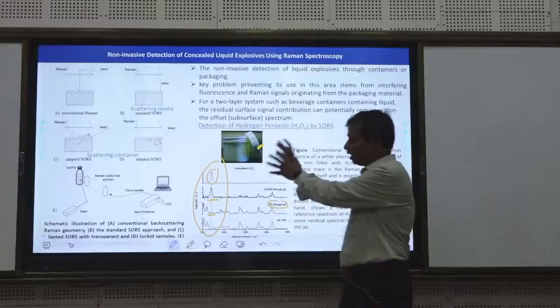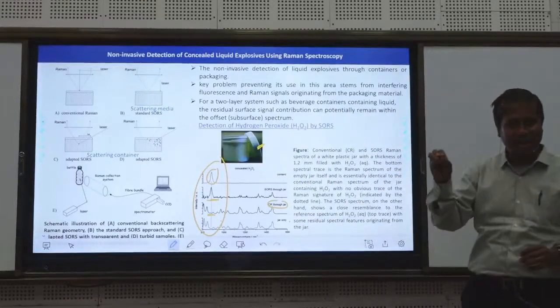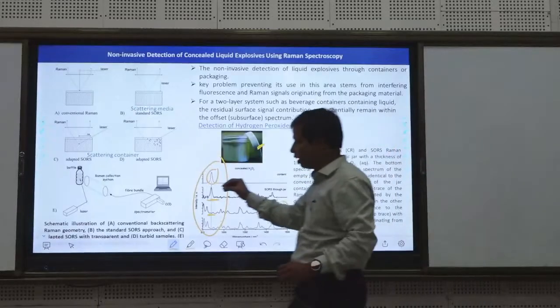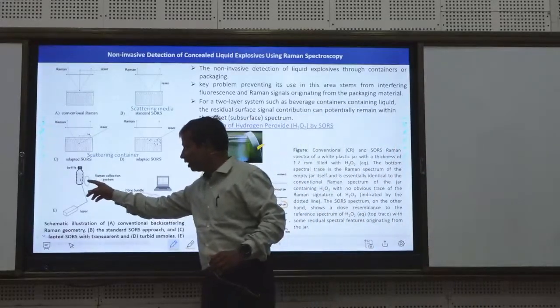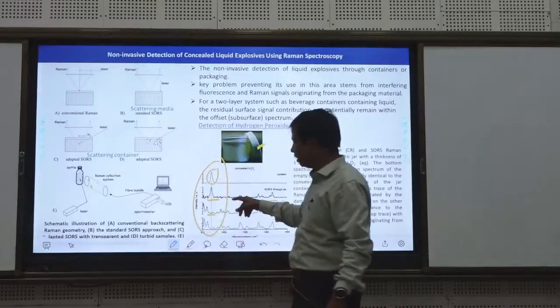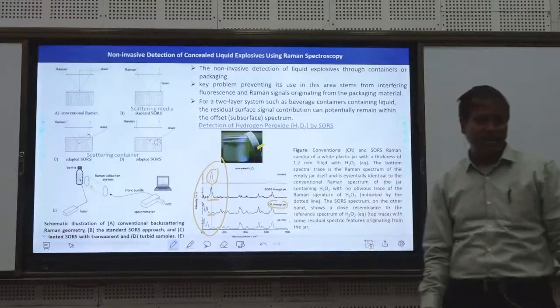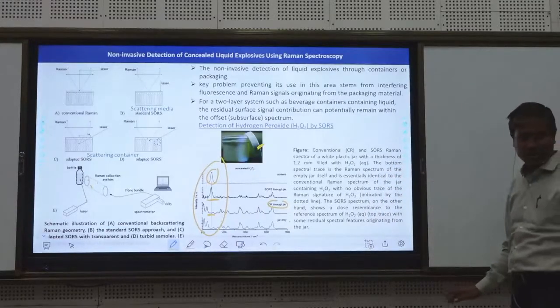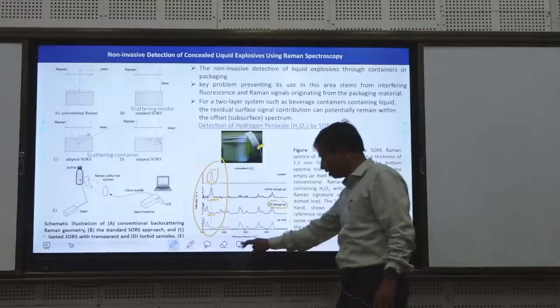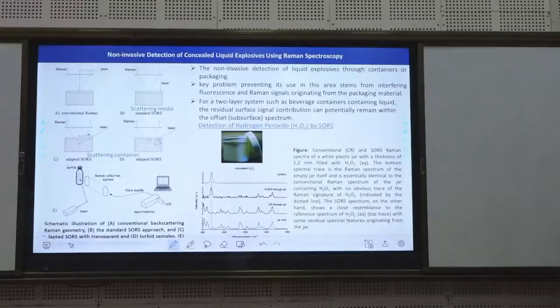So this means you have a jar and you just focus laser light on the jar, use some mechanism to collect the scattered radiation with collecting optics, and then you can tell whether H2O2 is inside the jar or not, without even opening it. This is a very interesting finding.